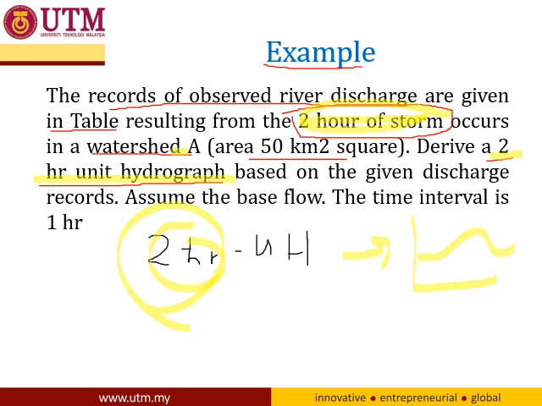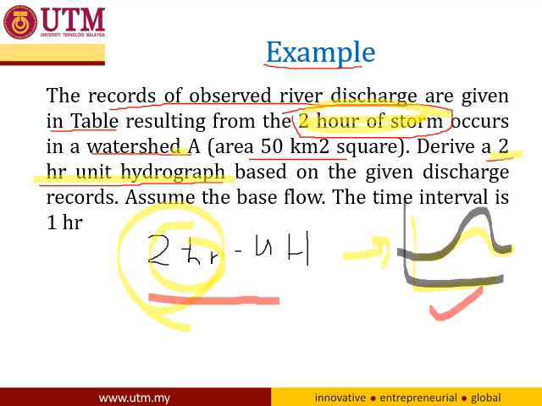This discharge record is an observed record. The first time you want to develop a unit hydrograph, you should have observed data of the hydrograph from a specific storm. So this example shows you a 2-hour storm.